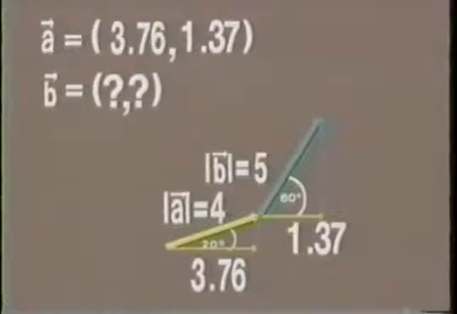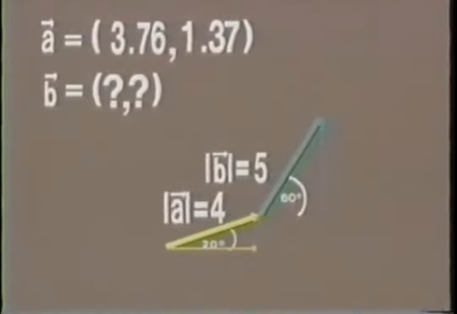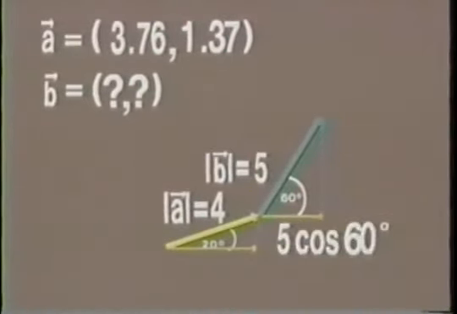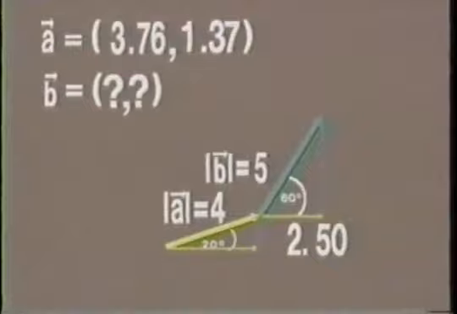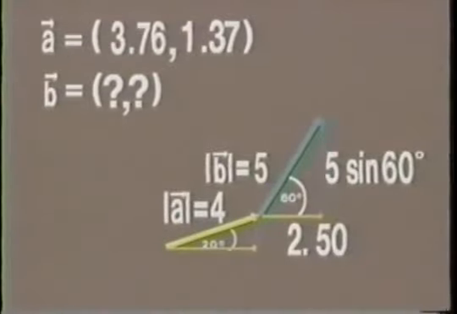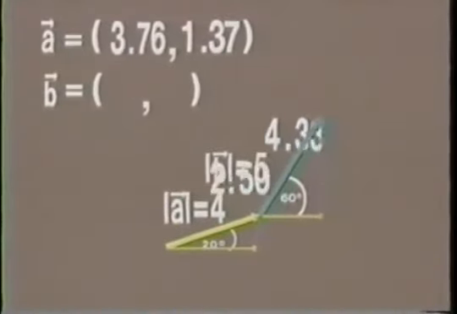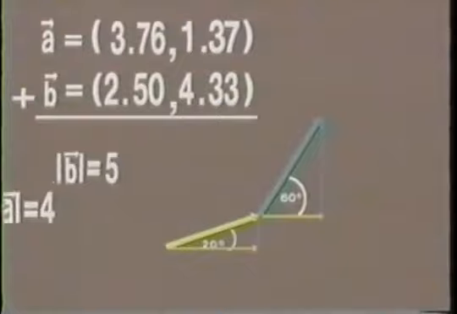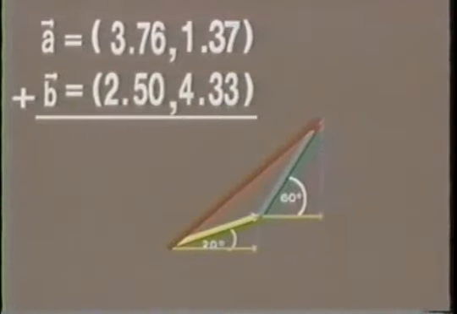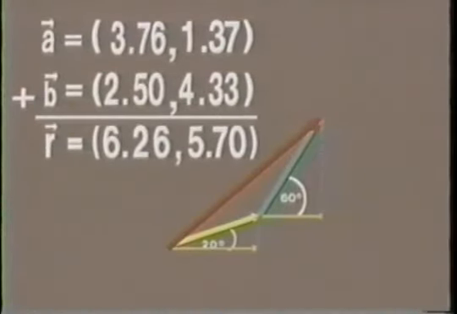Now we follow the same procedure with vector B. Its horizontal component is 5 cos 60 degrees, which equals 2.50 units. And the vertical component is 5 sine 60 degrees, or 4.33 units. Adding the two ordered pairs, we get the resultant, 6.26, 5.70.